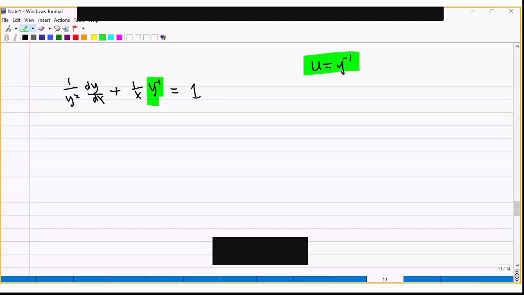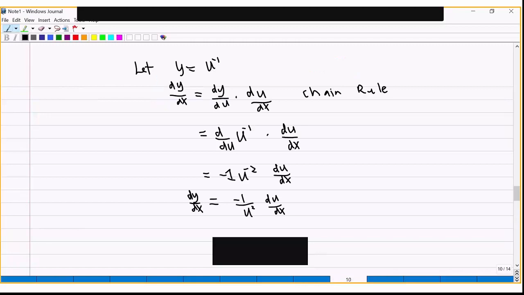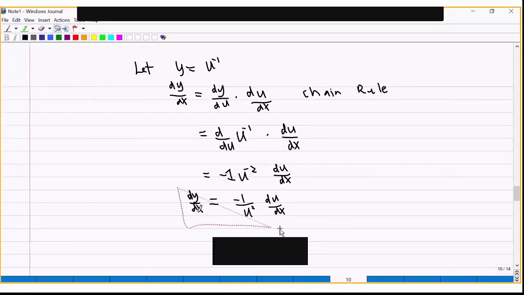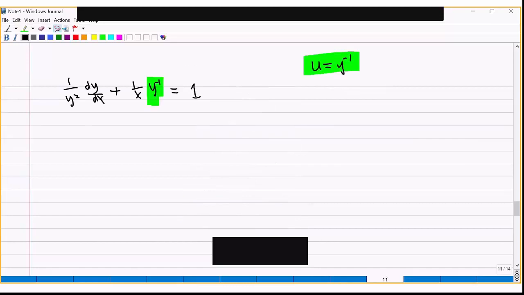And then the other one is dy/dx. I want to replace everything, so that the y disappears. Replace this where dy/dx is equal to minus 1 over u squared du/dx.